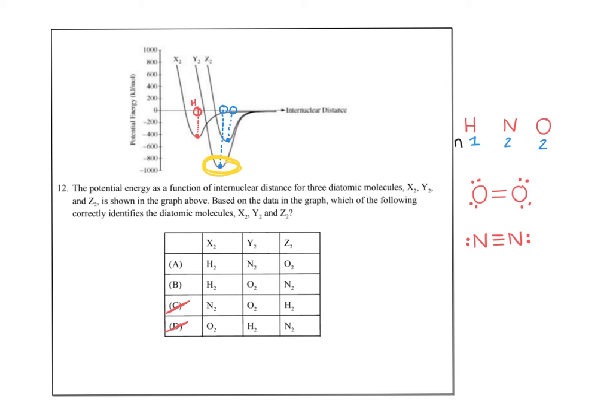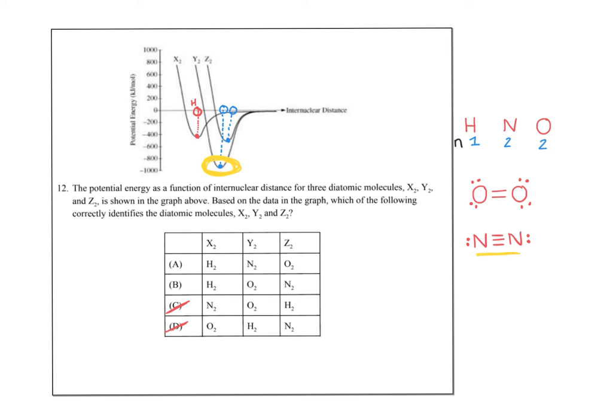And I know a couple of things. I know that a triple bond is very, very strong, meaning I would have to put in a lot of energy to break that. So this triple bond, this little dip right here, is representing the triple bond, and this one that looks more similar to the hydrogen is representing the double bond.